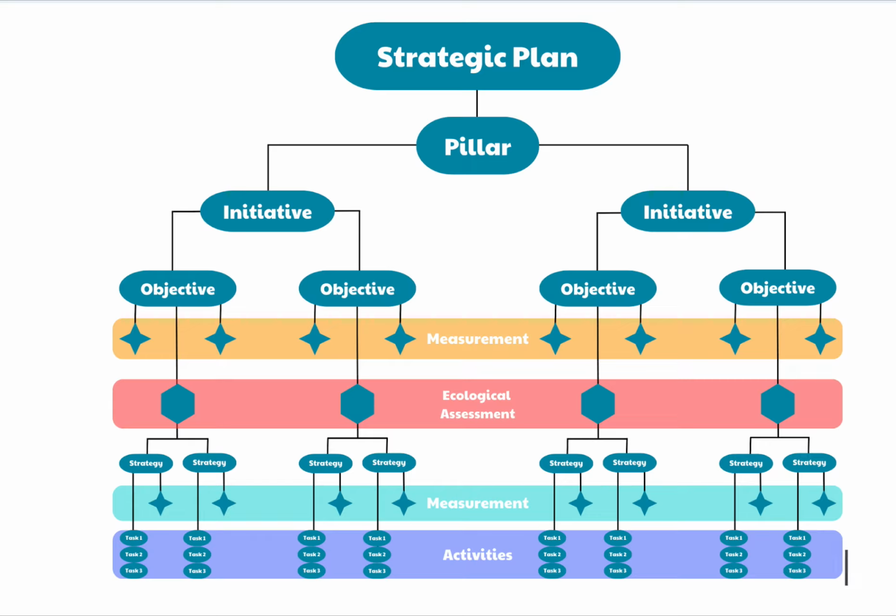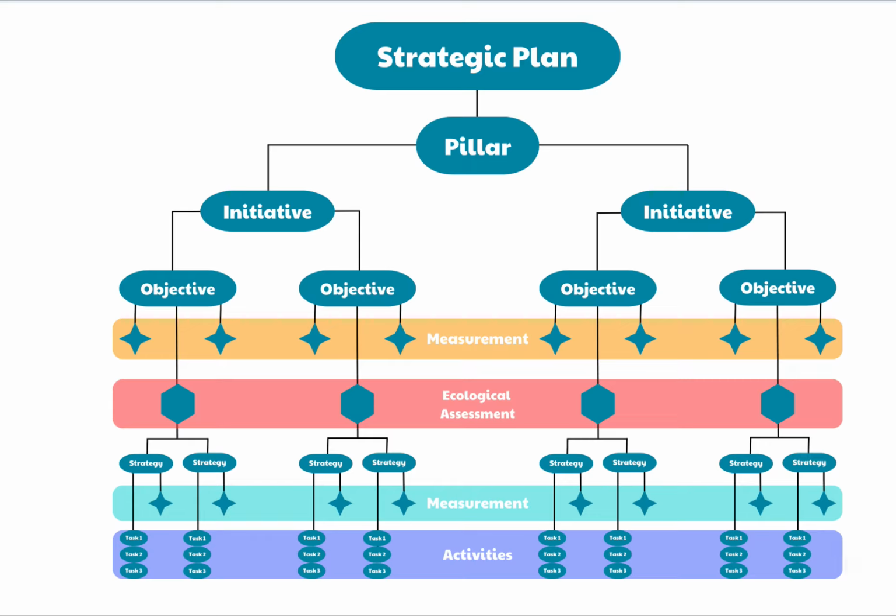Some general types of strategies include implementing new processes, changing focus, abandoning existing activities, expanding existing programs, resource allocation, and specified training. The final and most explicit piece of a strategic plan falls under strategy and is called an activity or task. These are steps or micro actions that are required of team members in order to effectively implement the parent strategy.